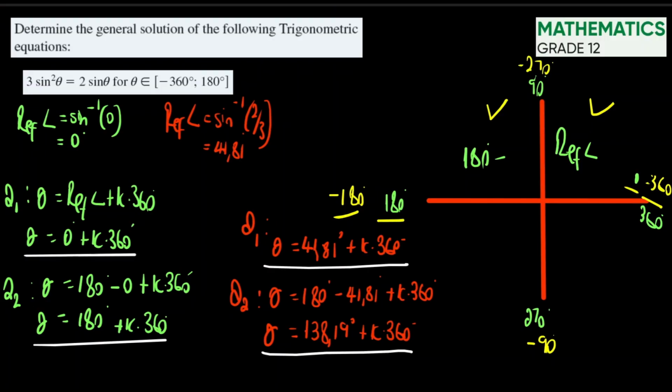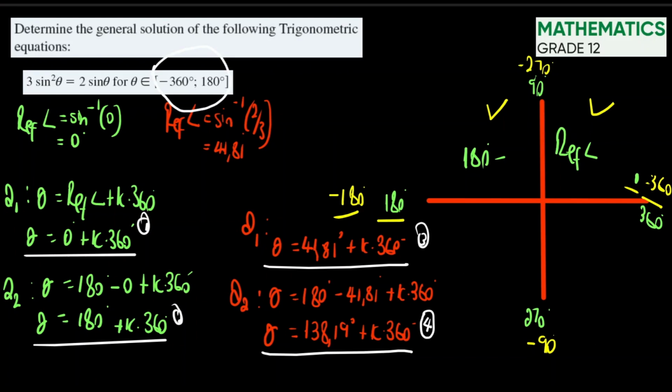Now comes really the important part. We still need to figure out the values that we need to substitute into our solutions, solution 1, 2, 3, and 4, and we need to find solutions in the interval that was given.